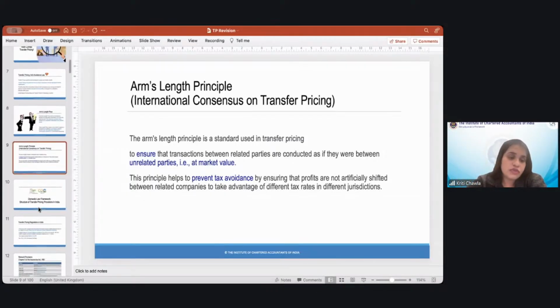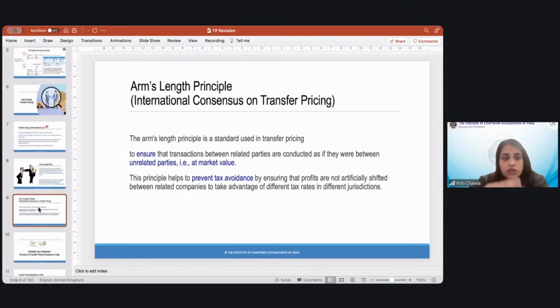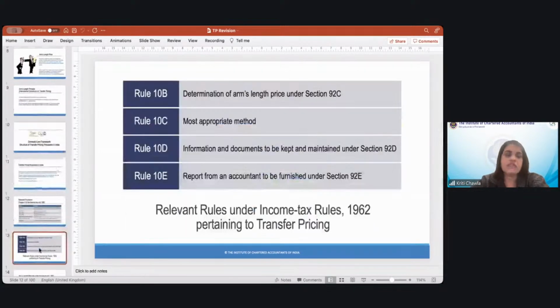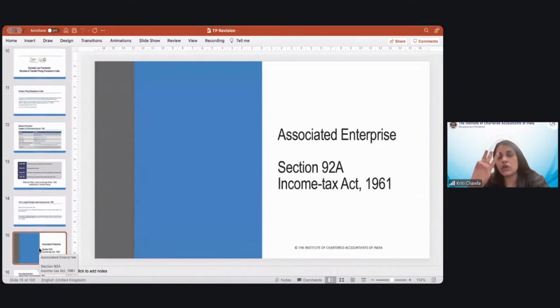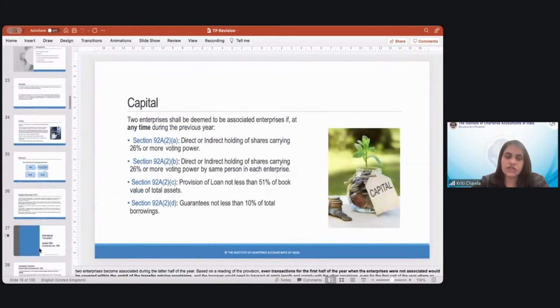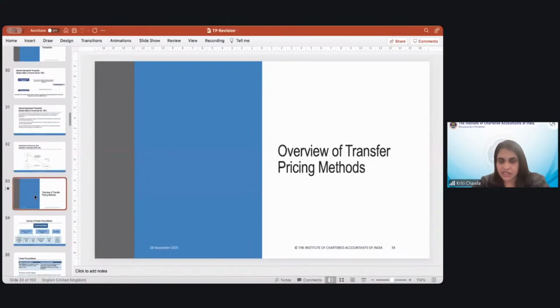Now, as I mentioned before, I will be taking you through these particular concepts. These concepts are very, very generic and very, very simple. Then we will be talking about three concepts which are very important, even from an examination perspective: associated enterprises, then international transactions, and then transfer pricing methods.